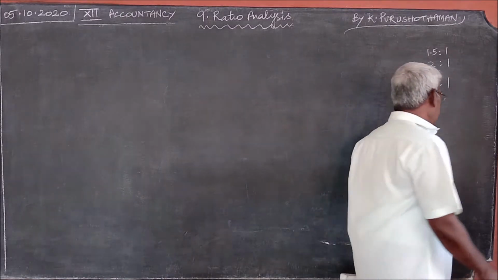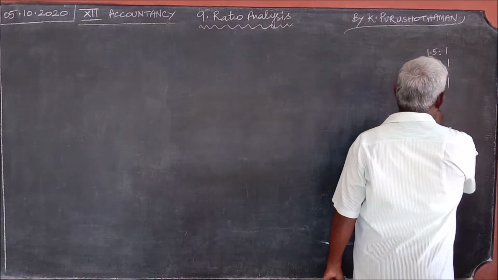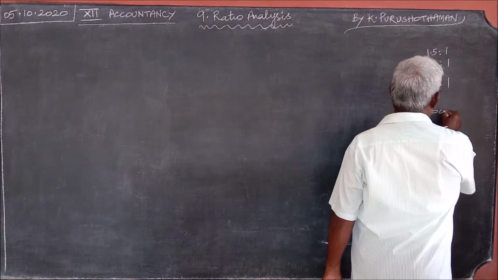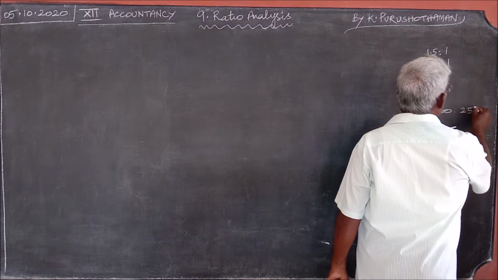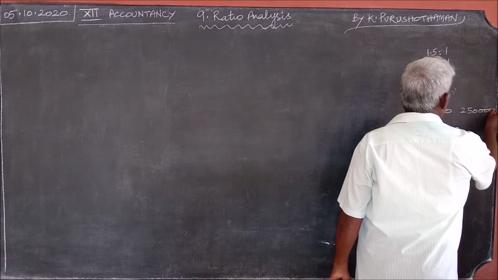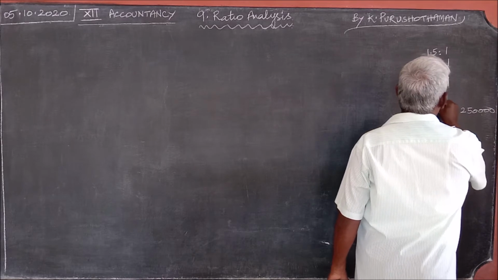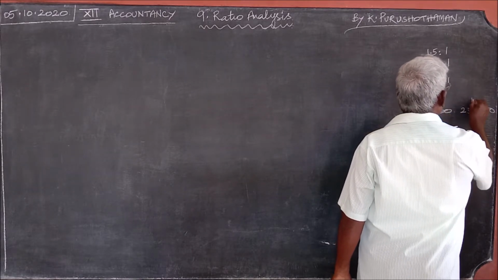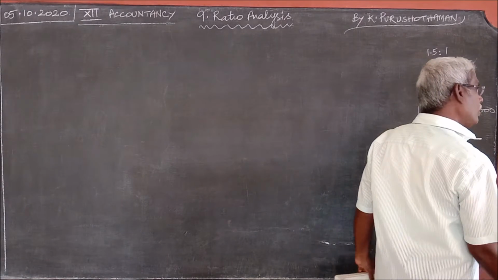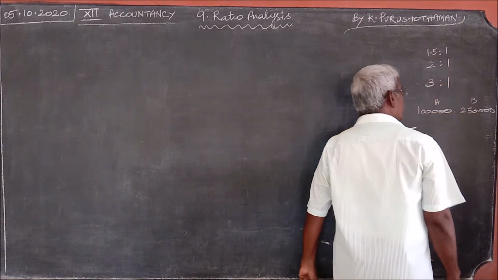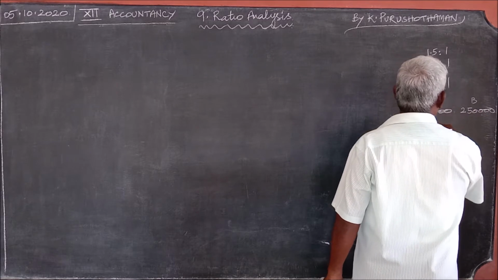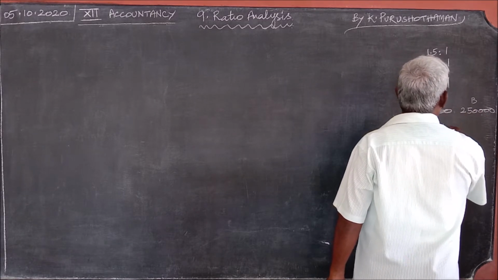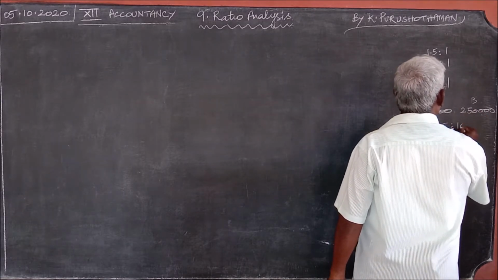If one unit earns 1 lakh as profit, and the other unit earns 2,50,000, we can say simply unit A earns 1 lakh, B earns 2,50,000. How can we compare? We can compare B with that of A, that is 25:10.